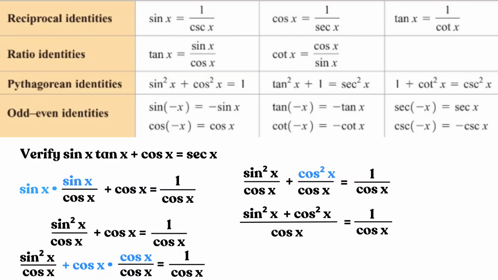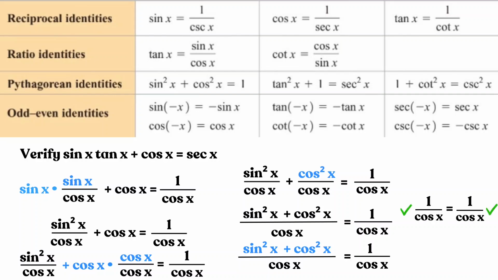The reason for this is that we can now use another identity we know, the one that says sine squared x plus cosine squared x equals 1. That means we can change this to 1, and we have 1 over cosine x, and we did verify that sine x tangent x plus cosine x is indeed equal to secant x.